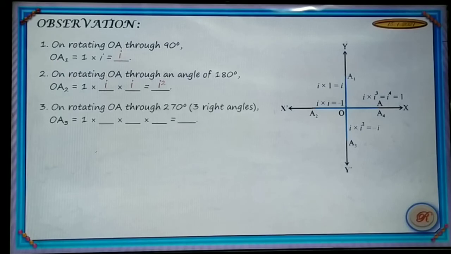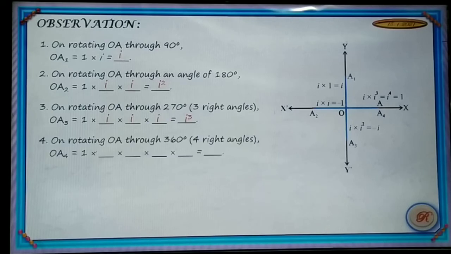Third one, on rotating OA through 270 degrees, that is 3 right angles, OA3 is equal to 1 into i into i into i is equal to i cube.